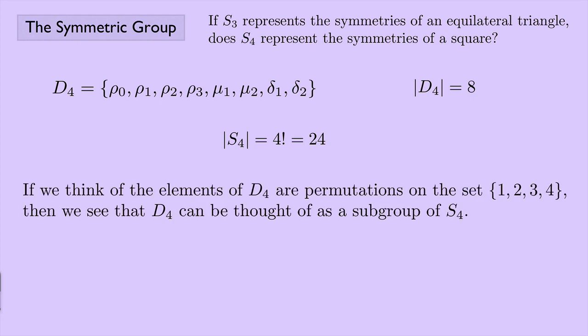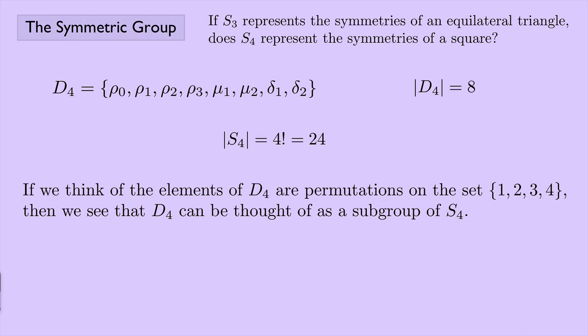But we can say that D4, in a sense, is a subgroup of S4. Now remember that D4 is really referring to the symmetries on a square, and S4 is referring to permutations of the set 1, 2, 3, 4. So we have to be a little bit careful because it's not quite accurate to say it's a subgroup. I'm cheating a little bit because there are different ways of thinking about them.